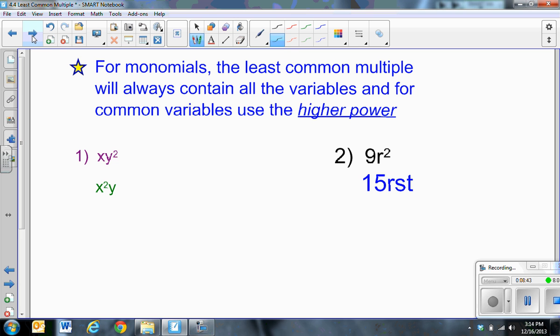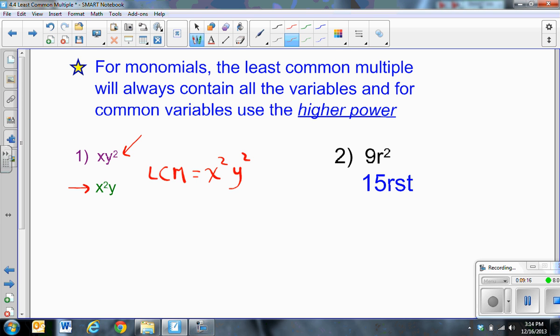So if we're looking for the least common multiple between xy squared and x squared y, well, the least common multiple is going to contain both variables, x and y, and it's going to contain the highest power of each. So the highest power of x here is x squared. It's in this term, right? And the highest power of y is in this term. So x squared y squared is going to be our least common multiple, okay?